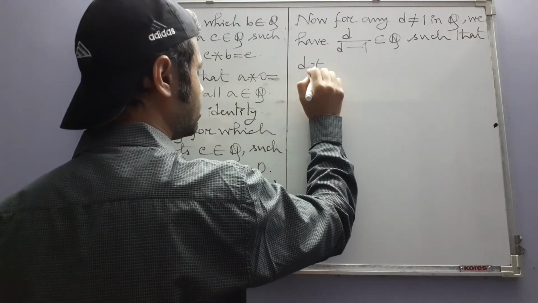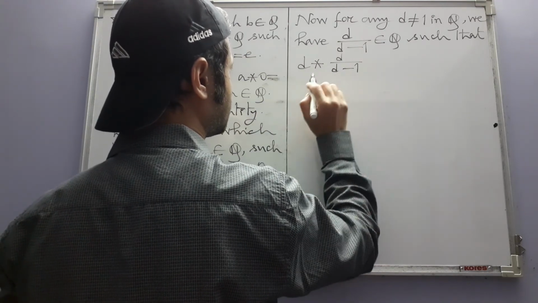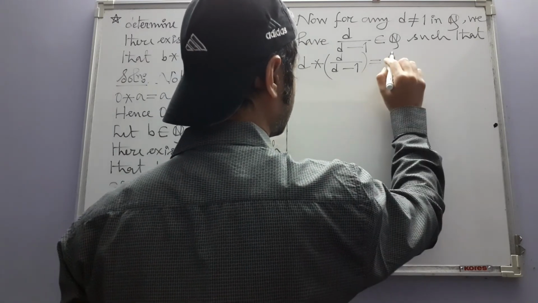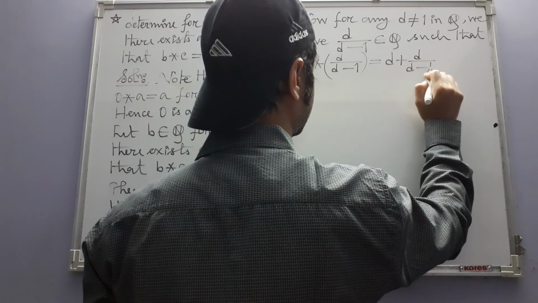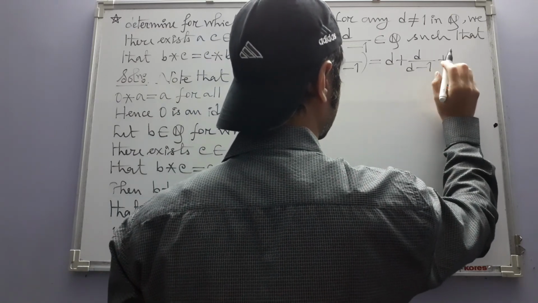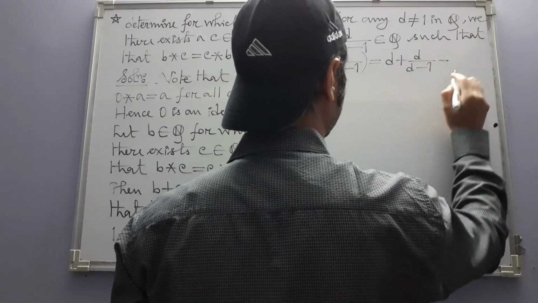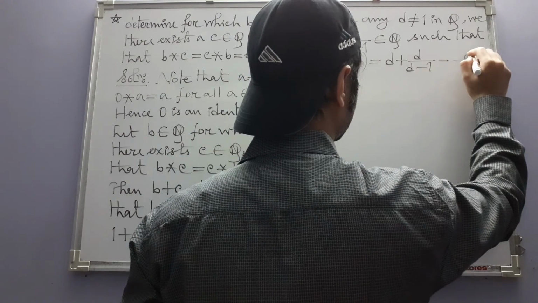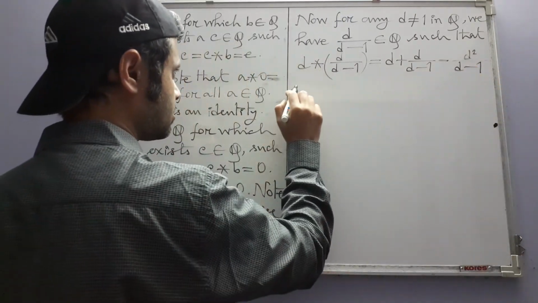now we calculate this. By the definition of star, oh, this is minus, I should not forget that. D times this, so D square divided by D minus 1.